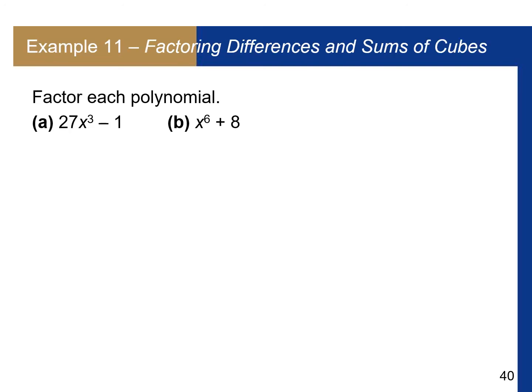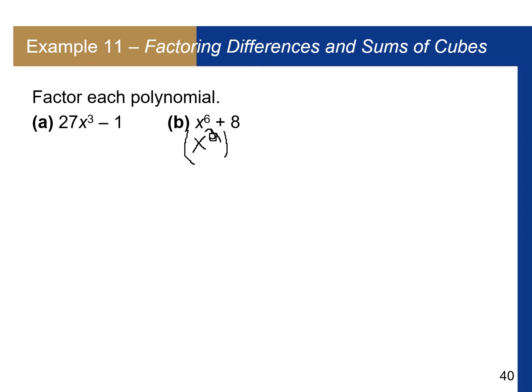All right, factoring each polynomial, we can see here the first one is the difference of cubes. The second one's a little bit more tricky, but if you take a look closely, you can see that this is actually x squared, and then raised to the third power.